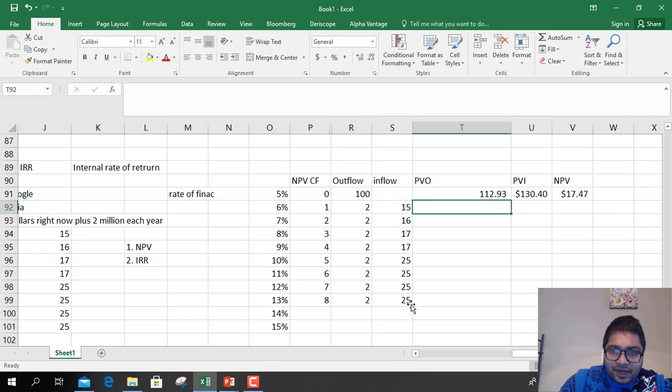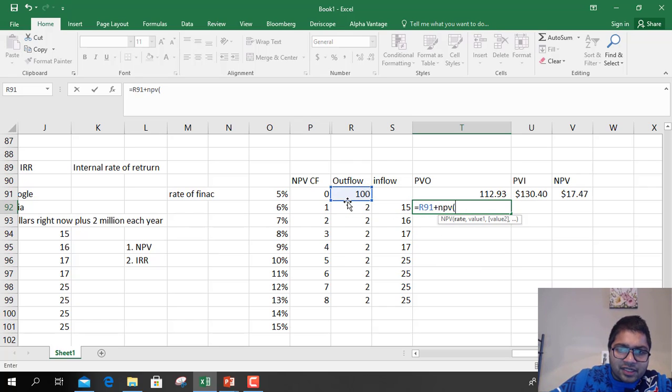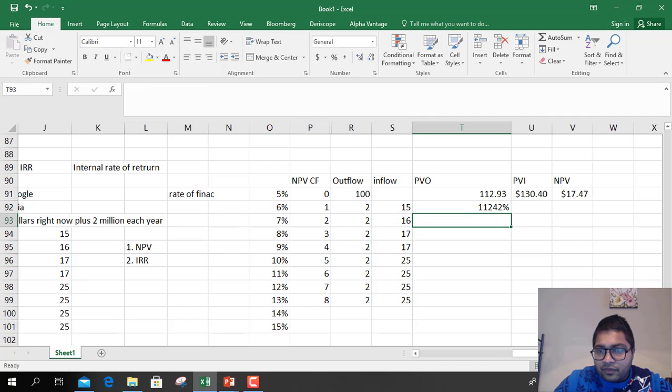How to do it? Present value of outflow, it is 100 as it is plus NPV, net present value, rate 6%, comma, outflows, so 2 and 2. So select all those things with 2.